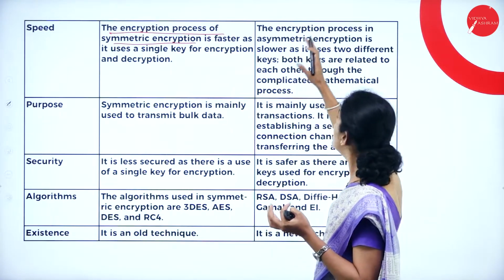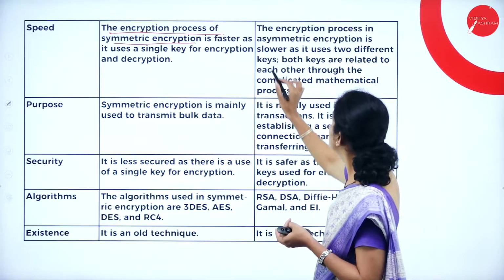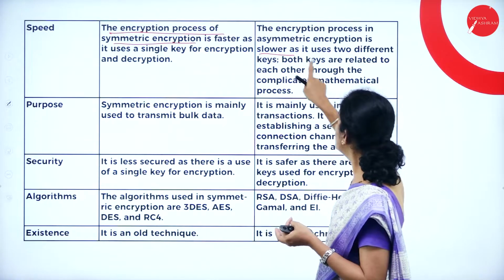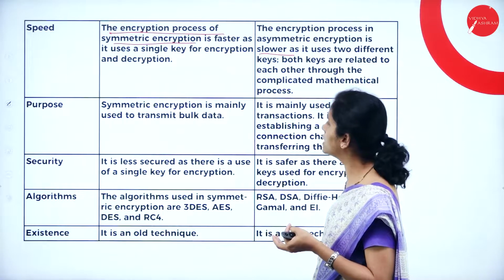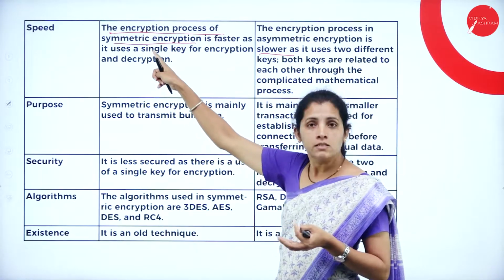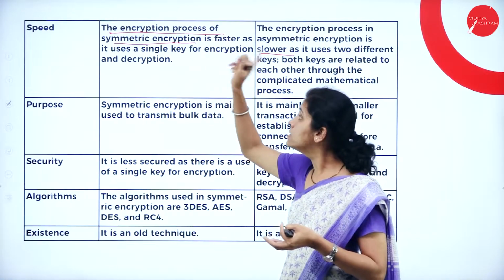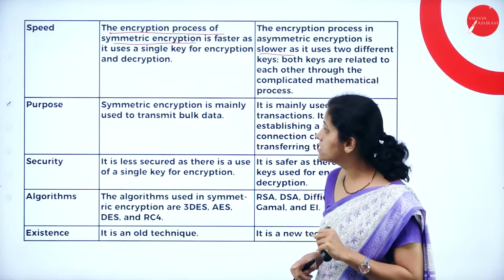If I consider asymmetric key, then the execution speed is slower than symmetric key, because here we are going to use two keys, one for encryption and one for decryption. But under symmetric key, execution speed is faster because the single key is shared between sender as well as receiver.